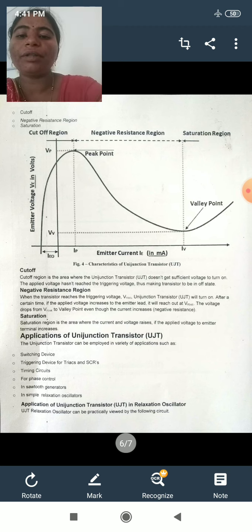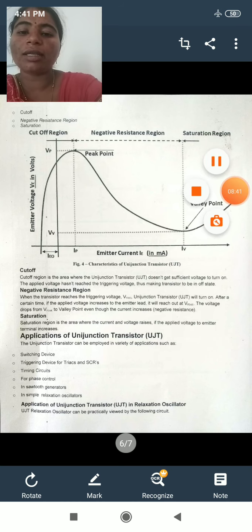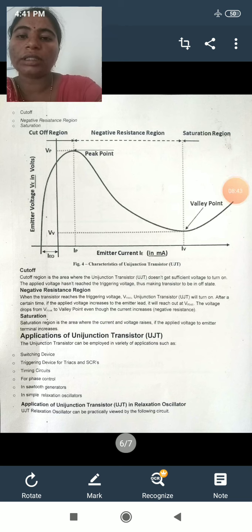Now see what happens when your applied voltage, that is the emitter voltage, reaches the peak voltage. Emitter current is on the x-axis and emitter voltage is on the y-axis.